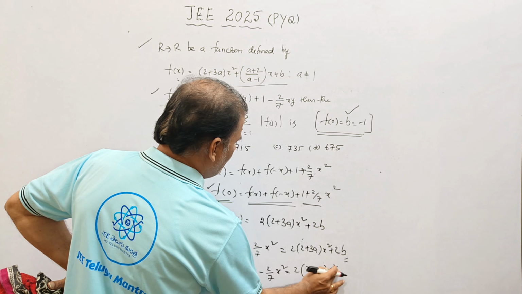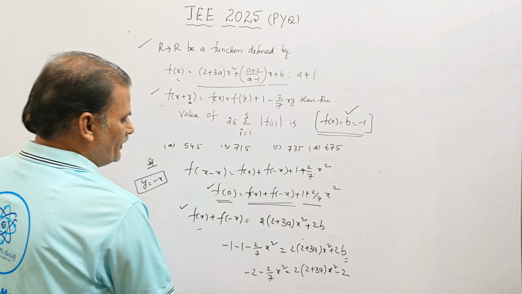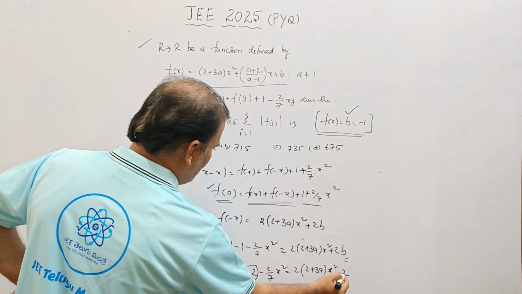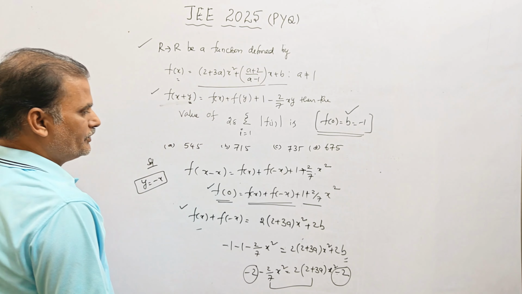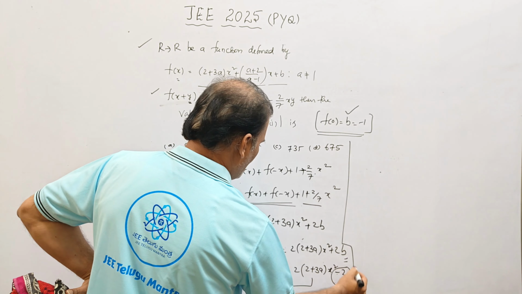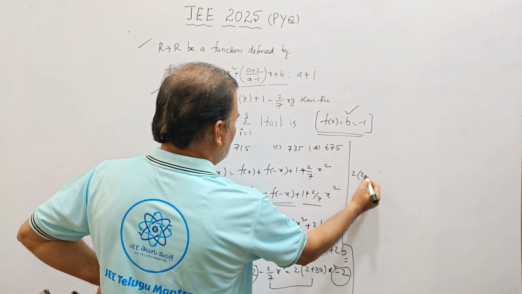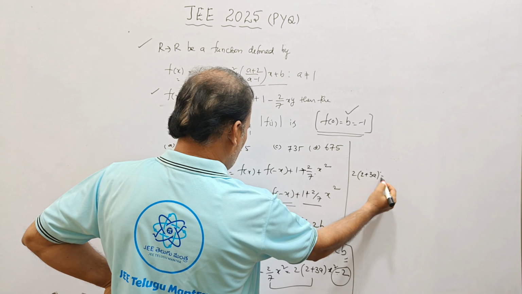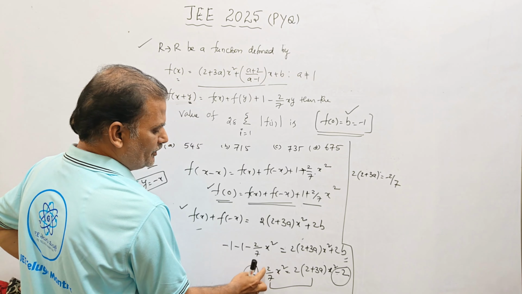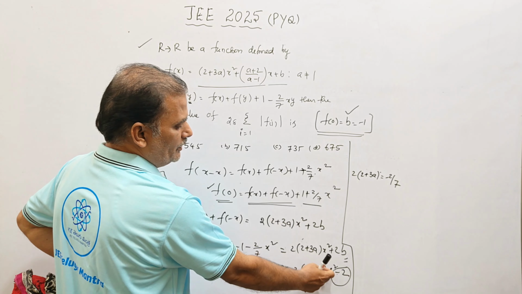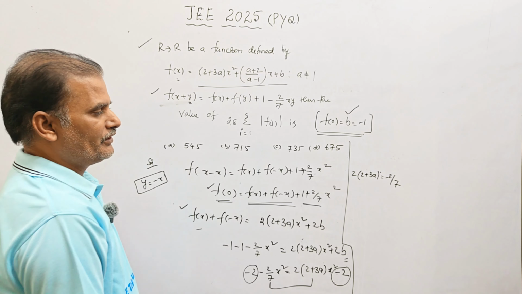Therefore, 2 into minus 1, minus 2. Here minus 2 cancelled. And the x square coefficient: here 2 into 2 plus 3a is equal to minus 2 by 7.